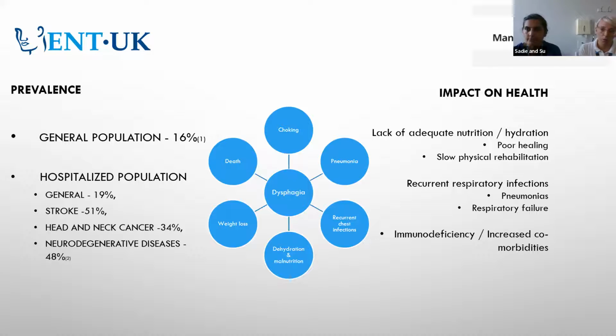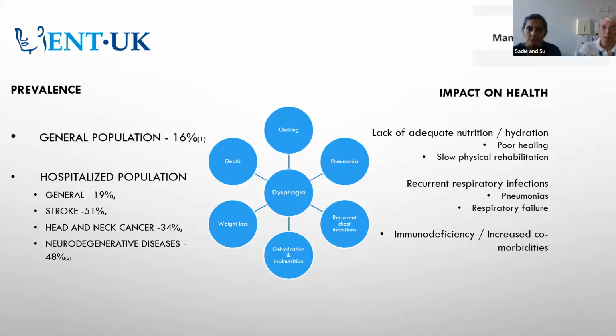One of the big things we're always looking at is the impact on the respiratory system, largely related to recurrent lower respiratory tract infections, or more acute, severe infections like pneumonias, leading to respiratory failure. It's probably worth mentioning at this point that there's often talk about the risk of aspiration with dysphagia.